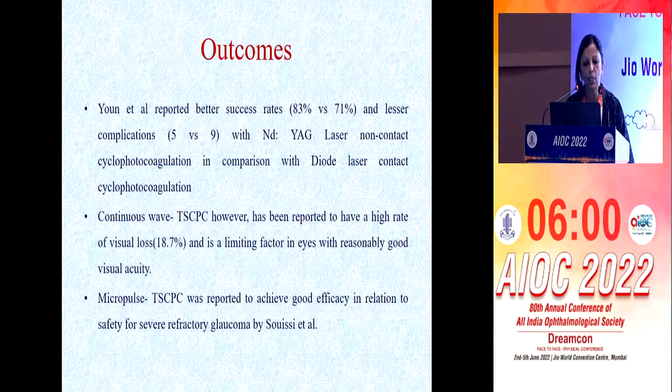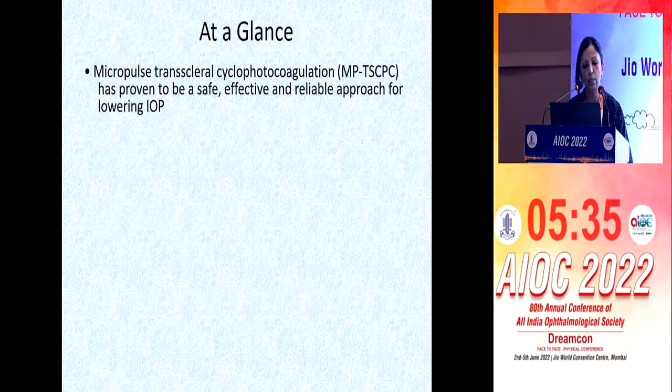So the outcomes, as found by various studies that have been done, is that it's a non-contact cytophotocoagulation in comparison to the diode laser contact cytophotocoagulation. The continuous wave is definitely much better than the earlier varieties, and the micropulse TSCPC is reported to have achieved good efficacy in relation to safety for severe refractory glaucomas.